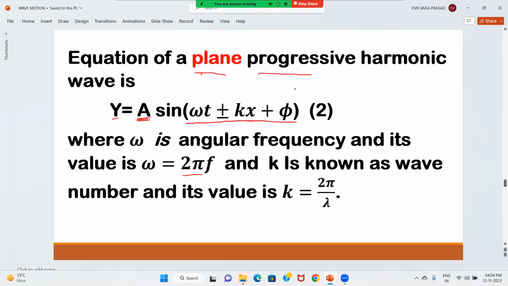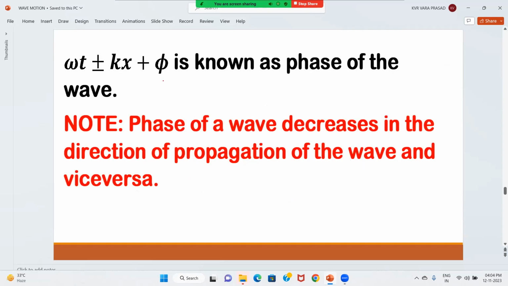This entire expression, ωt ± kx + φ, is known as the phase of the wave. One important point is that the phase of a wave decreases in the direction of propagation of the wave.